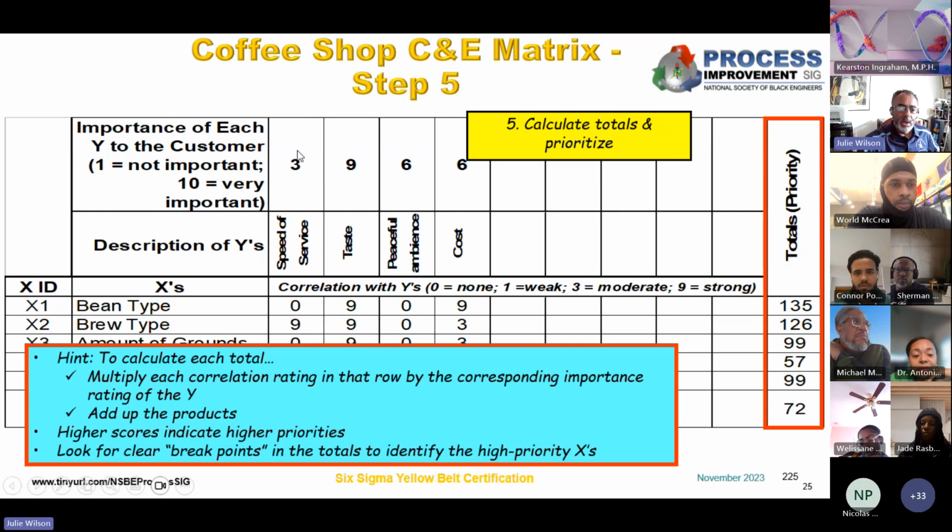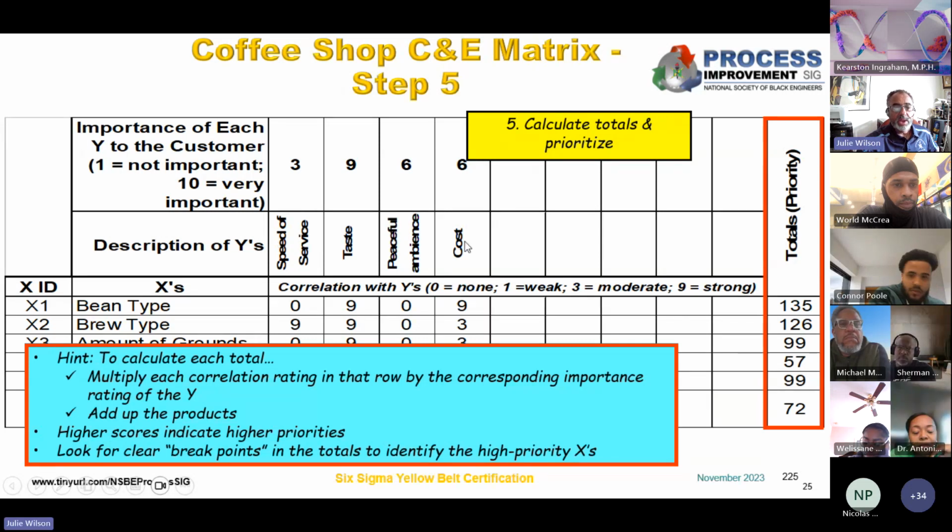There can be a variety of formats, but the concept here is pretty consistent. In other words, you put the factors that you're evaluating along the top, and you put the inputs along the side.